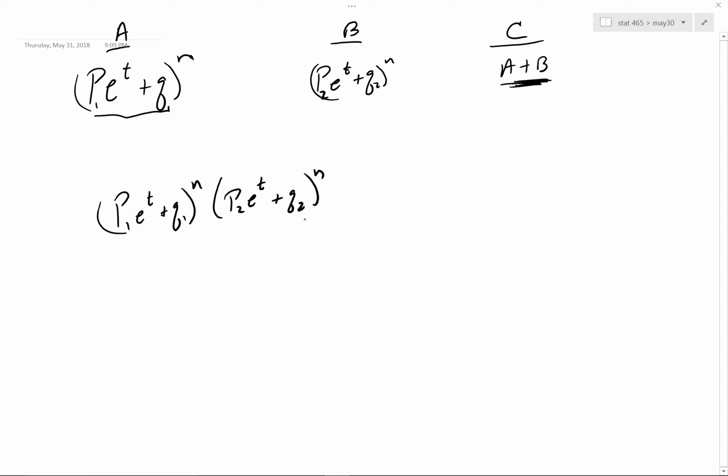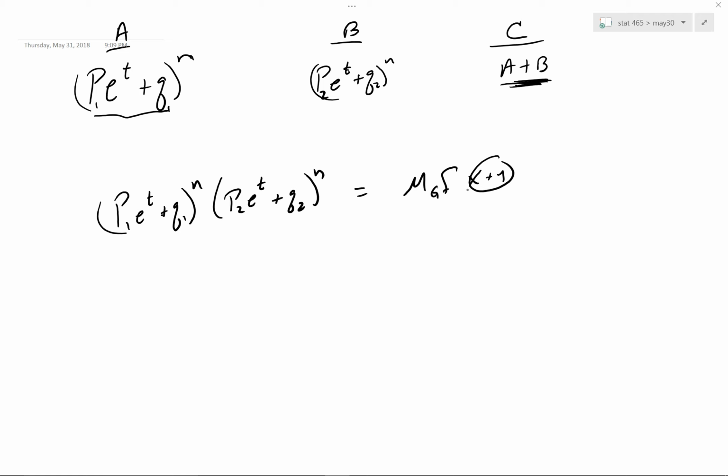And so this becomes the moment generating function for x plus y. That's how it works. So it's kind of nice to know that it works that way. And so when you do that, you could go through and check yourself.